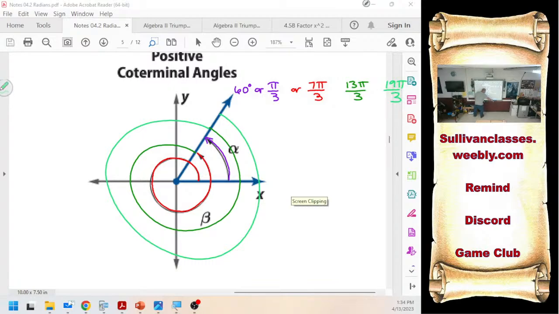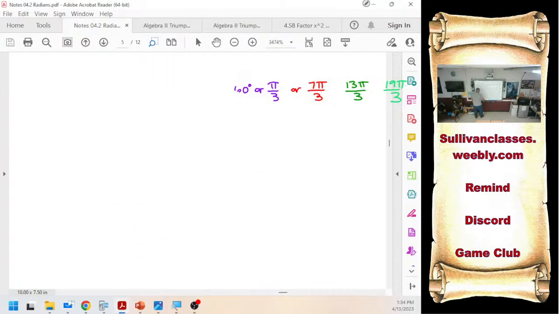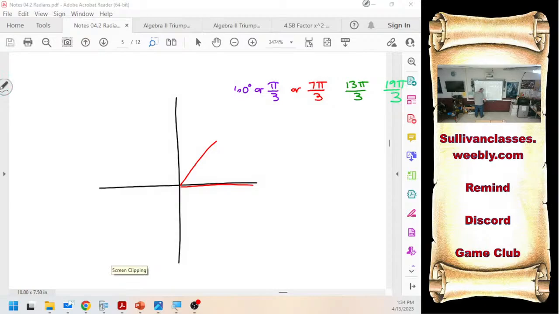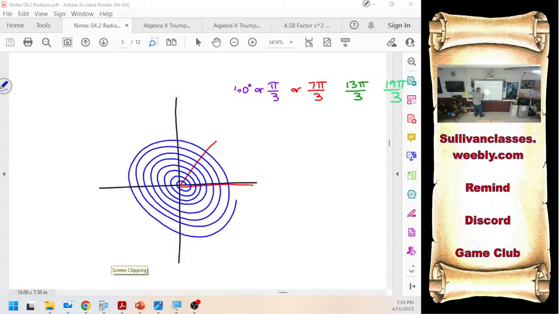And you could be that one kid on the test who decided that their coterminal angle for this was going to be, I'm just going to keep going.